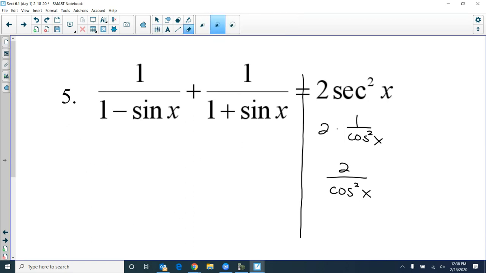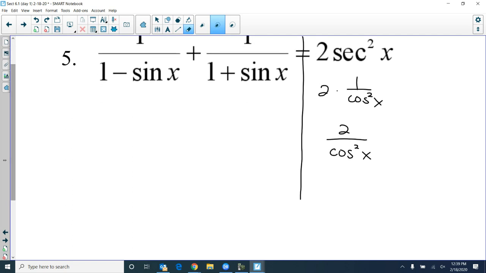All right, what can we do though? On the left-hand side, they ask me to add 2 fractions. How do you add fractions? You have to have a common denominator. Get a common denominator. What's that common denominator going to be? 1 over 1 minus sine of x.